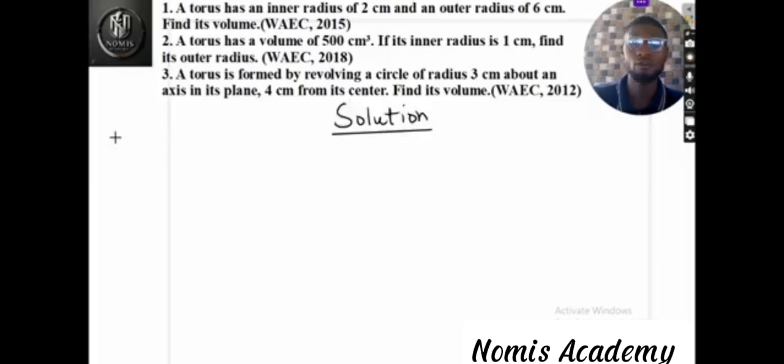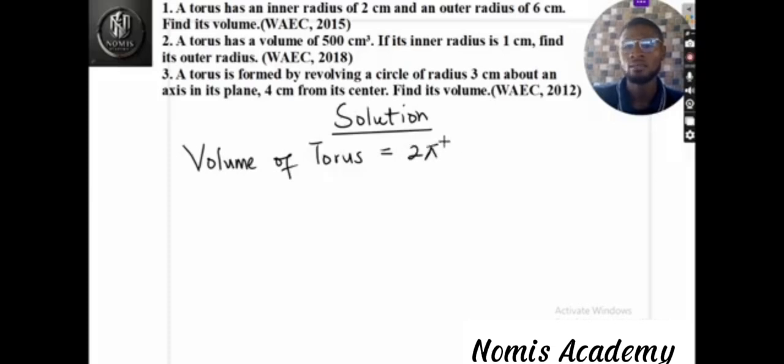So having known the formula, volume of torus is equal to 2 pi squared capital letter R multiplied by small letter r squared. So this will be 2/1 multiplied by 22/7 multiplied by 22/7.